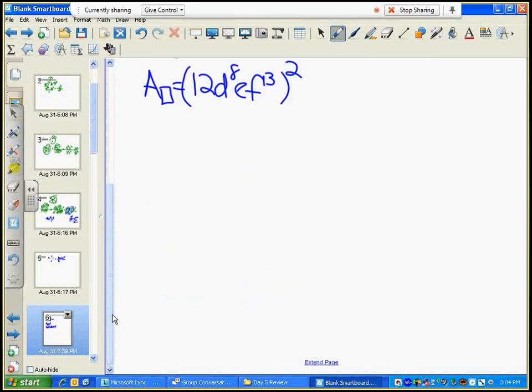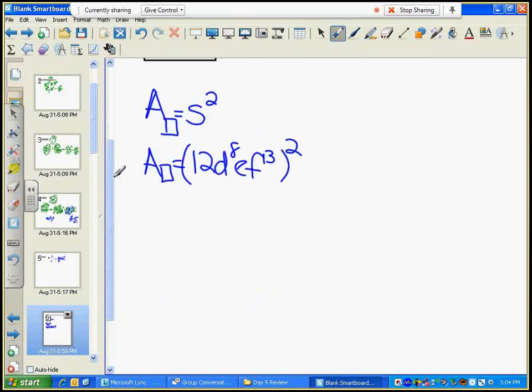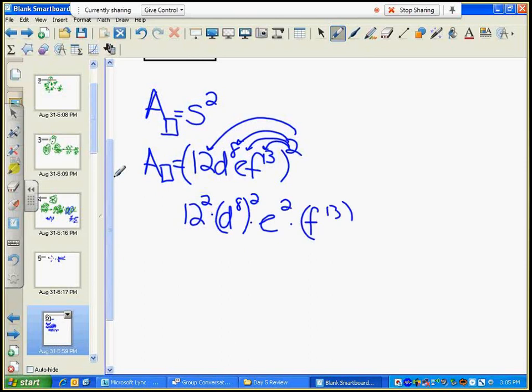All right. Let's simplify it completely. We're going to go 12 squared times d to the 8th squared times e squared times f to the 13th squared.